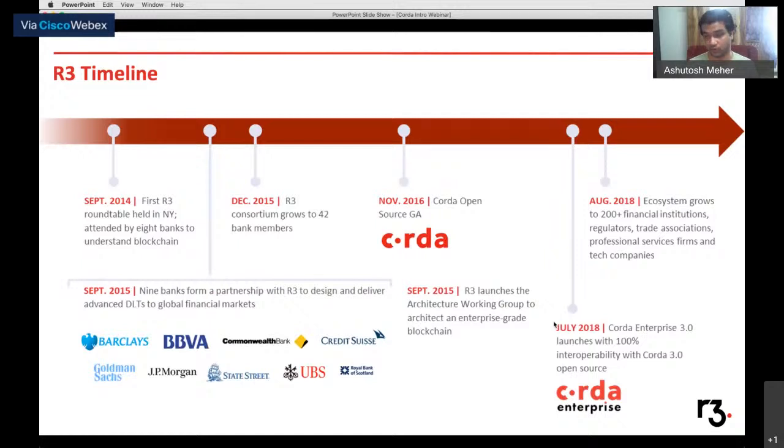Fast forward 2 years to now, and you can see that the entire ecosystem has grown to about 350 plus members. And it's not just financial institutions anymore. It's more of a cross-industry collaboration now.